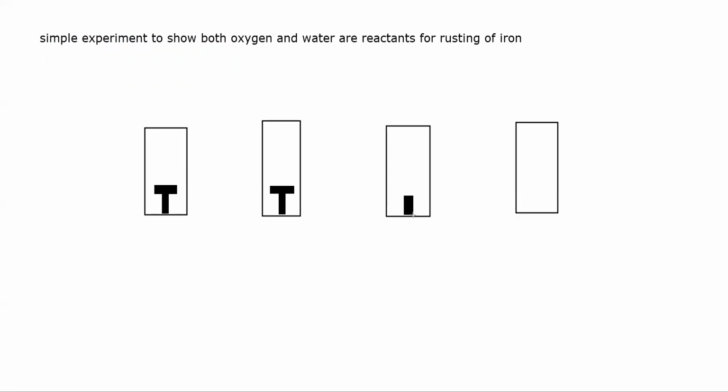And rusting is a slow process, so it takes time for iron to rust. It's not a fast process. So the apparatus must be left, for example, for a week or 2 weeks to observe that rusting happens. So we take equal size, equal mass of iron nails.